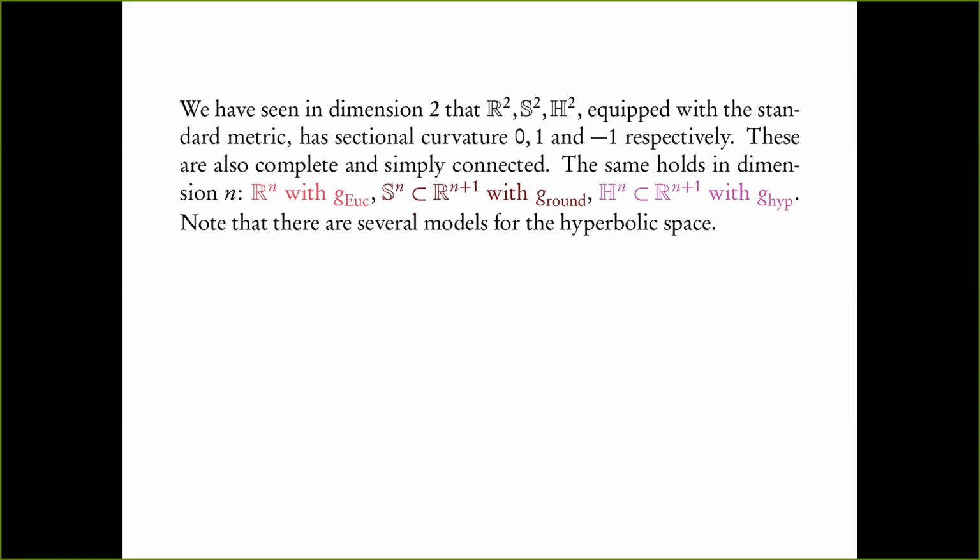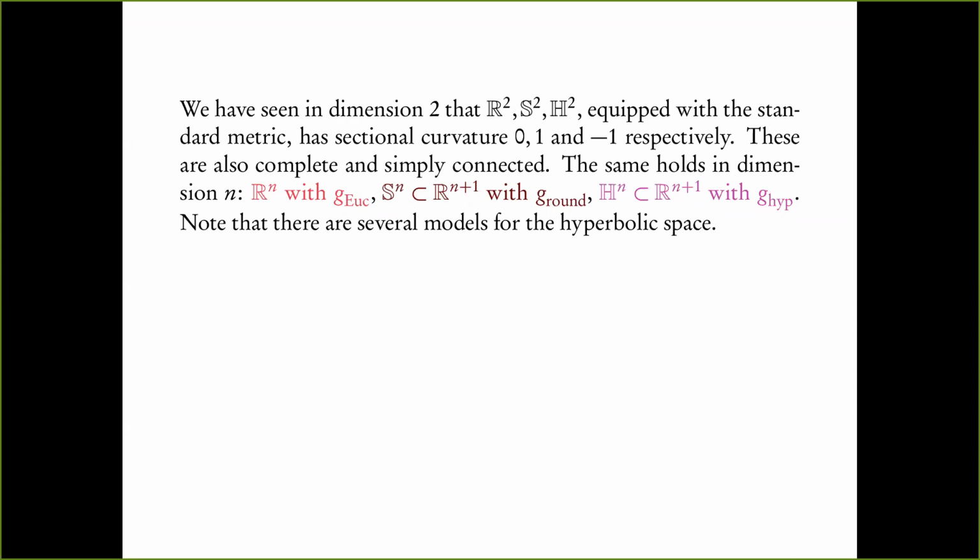One model could be you simply keep taking the upper half spaces, take the standard metric, divide by xn square. Like in the case of H2, what did we do? We took dx square plus dy square, we divided that by y square. You can do the same thing here, dx1 square up to dxn plus 1 square divided by xn plus 1 square. So that's the upper half space model.